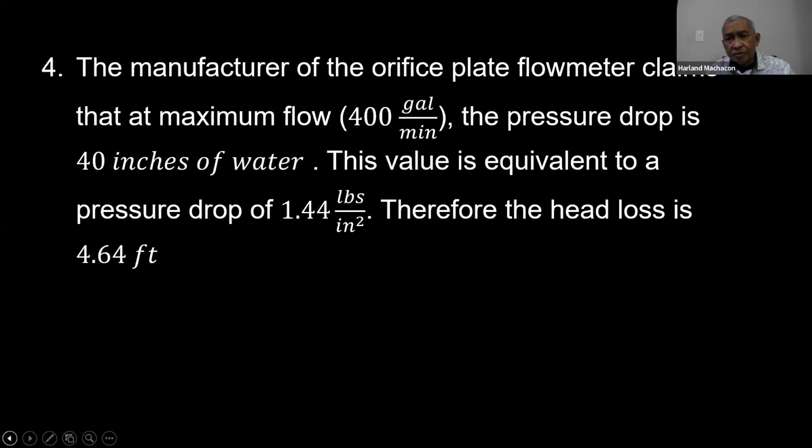The manufacturer of the orifice plate flow meter claims that at maximum flow, which is 400 gallons per minute, the pressure drop is 40 inches of water. 40 inches of water is equivalent to a pressure drop of 1.44 pounds per square inch, and therefore the head loss is 4.64 feet.